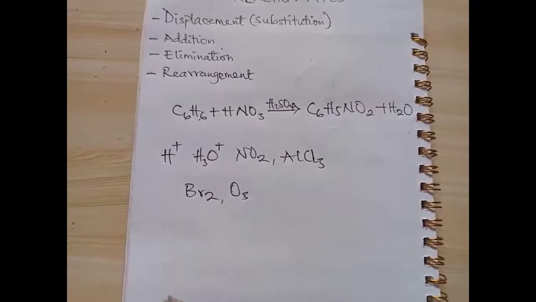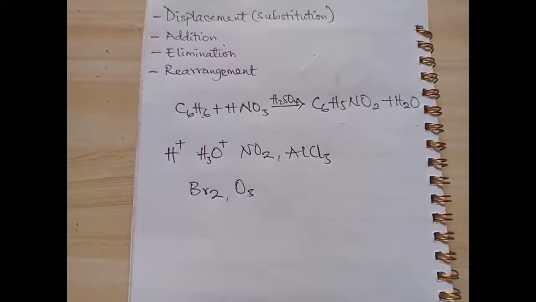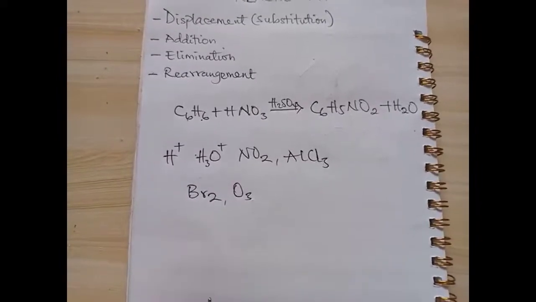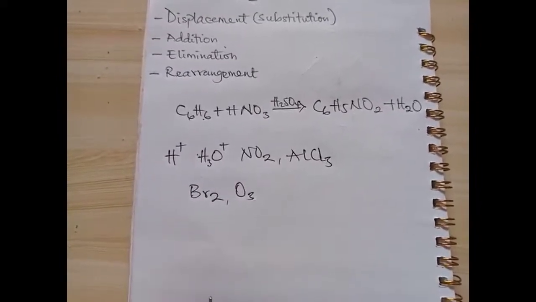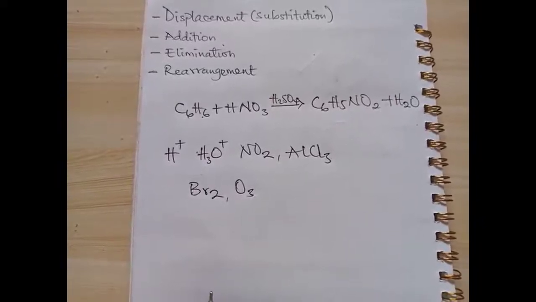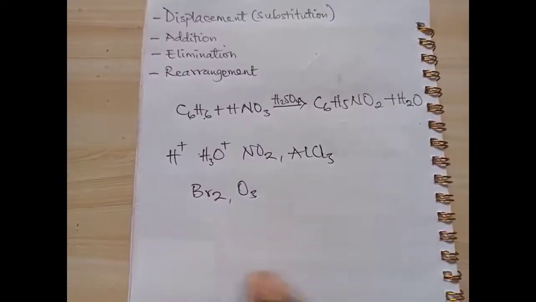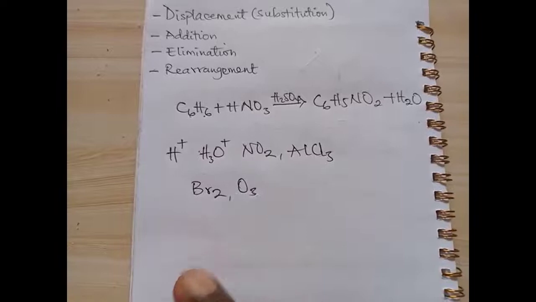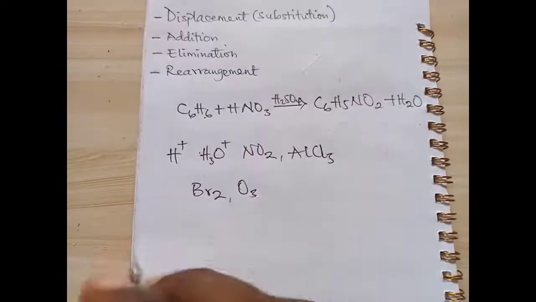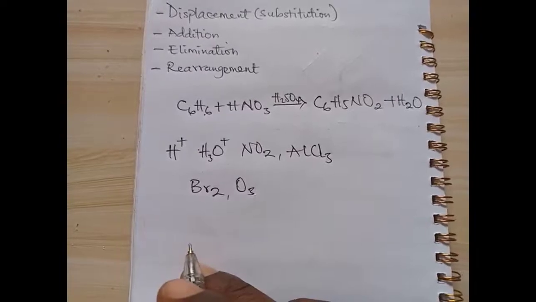Now, what are nucleophiles? Nucleophiles are reagents likely to attack the substrate at a positive or low electron density position. So nucleophile, as we have already said, means nucleus lover. You know, nucleus is positive, so for you to attack a positive side, you are always negative.